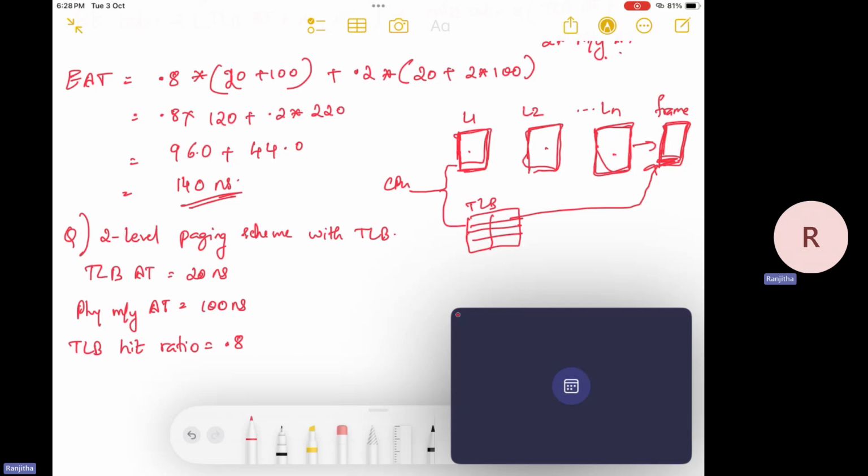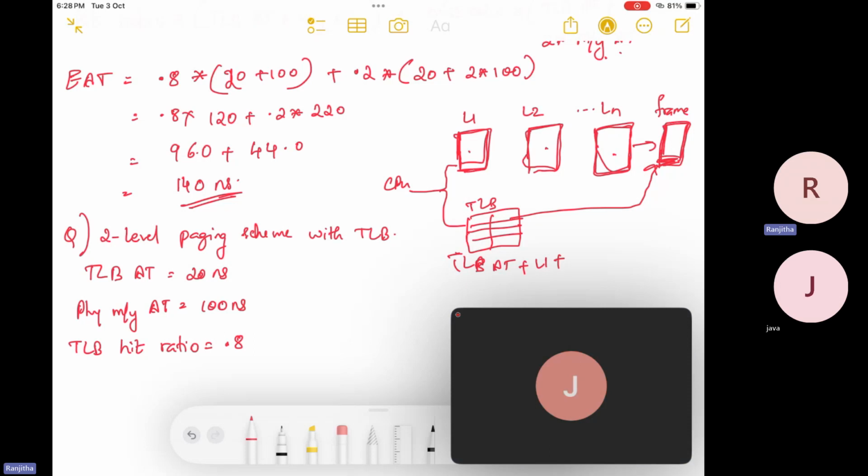In case of a TLB miss, first there will be a TLB access time. Plus the L1 page table needs to be accessed, which is nothing but a memory access. Then the L2 page table needs to be accessed, which is again a memory access time.